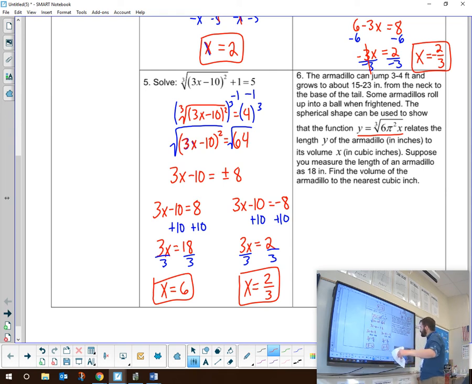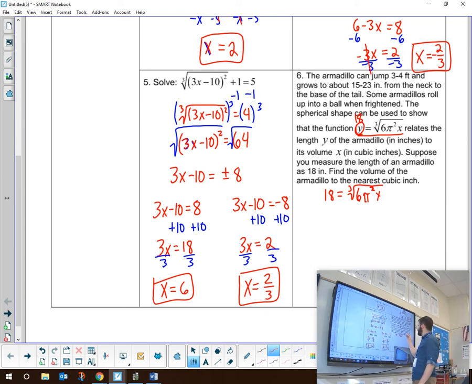So if my length is 18 inches, that means that my y right here is going to be 18. So we can rewrite my equation as 18 equals the cube root of 6 pi squared x. And we're going to be going for the nearest cubic inch.